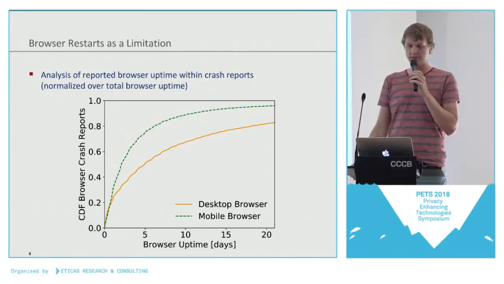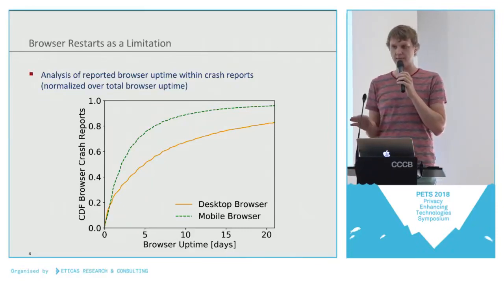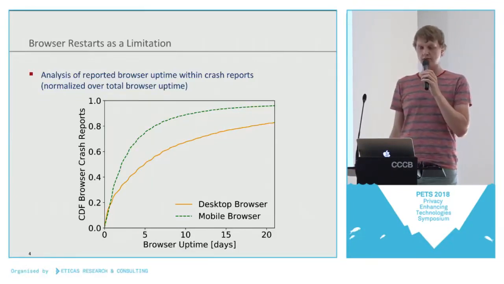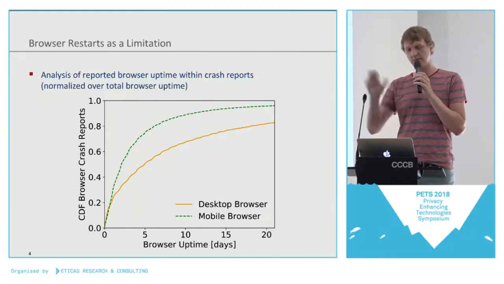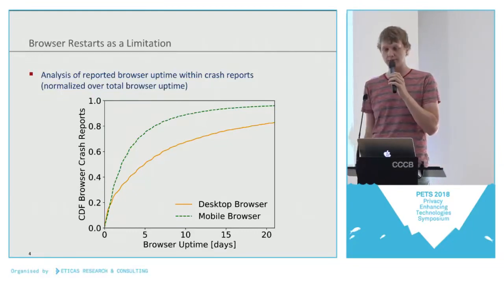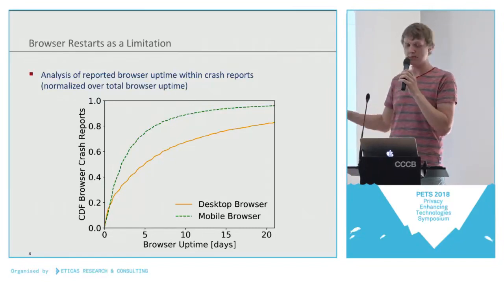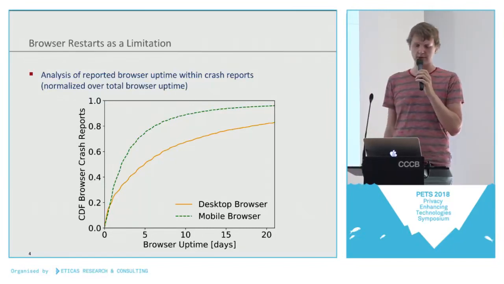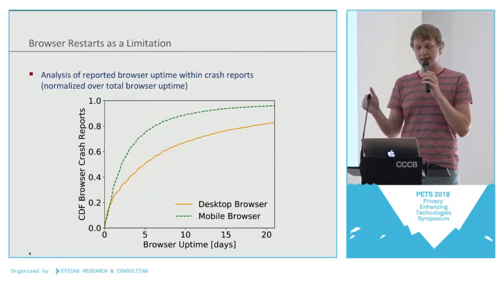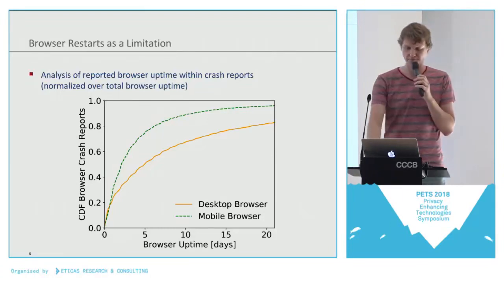This cumulative density function shows that the browser uptime for the majority of users exceeds more than a single day, and thus the tracking period is also over a single day. However, this is a very indirect measurement, so take it with a grain of salt. And we see quite a lot of browsers which have an uptime of several days or even several weeks.